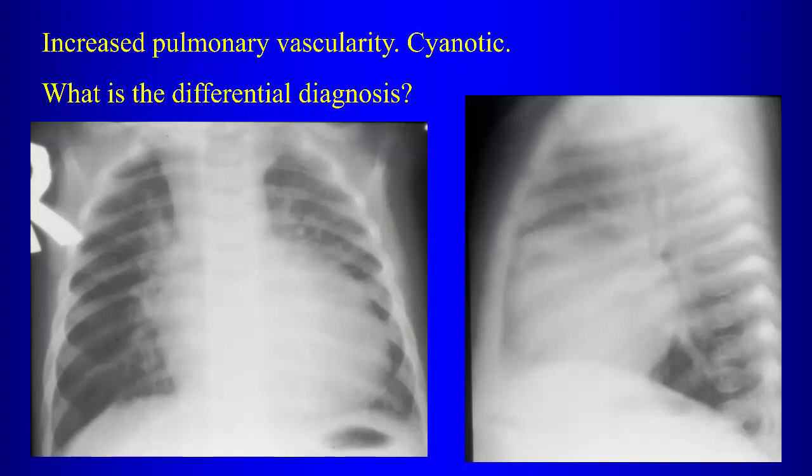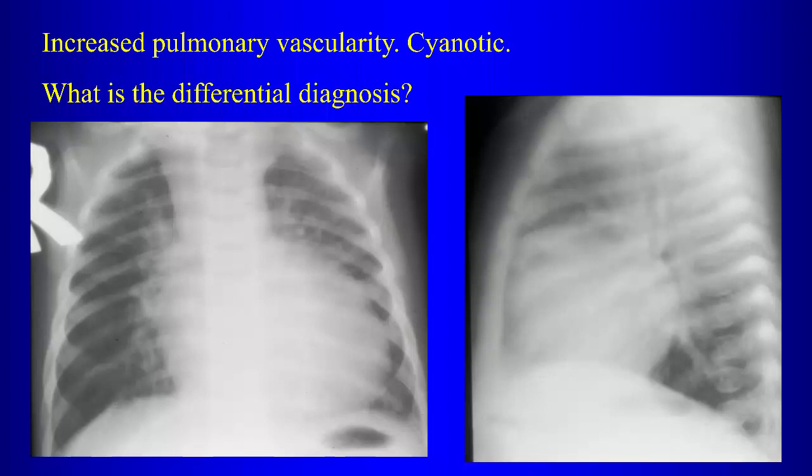You've heard this before. Tetralogy gives you decreased pulmonary vascularity because they have right to left shunts. All right, so people think T lesions, tetralogy. No, do not do that. Okay, bad, very bad.